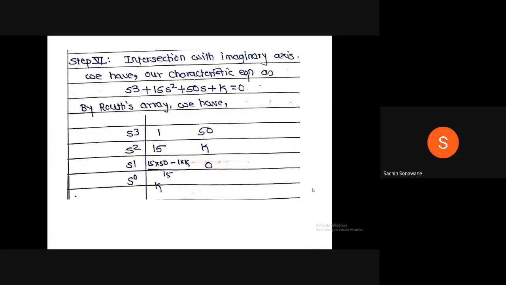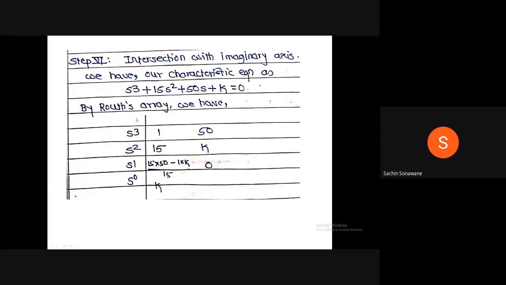Step 6, intersection with imaginary axis. We have our characteristic equation as s cube plus 15s square plus 50s plus k is equal to 0. Again this is Routh's array. Towards the left side we write down s cube, s square, s raised to 1, s raised to 0.